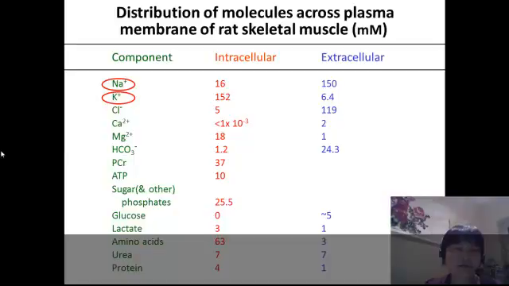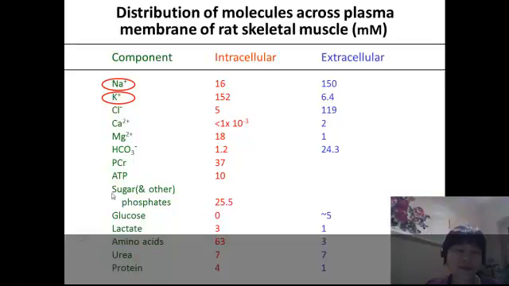Now, if we move down to look at creatine phosphate and ATP, they have zero concentration outside the cell and a very high concentration within the cell, and that is because these are the energy sources for muscle contraction and for many other cell processes.